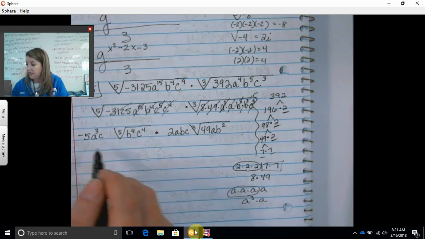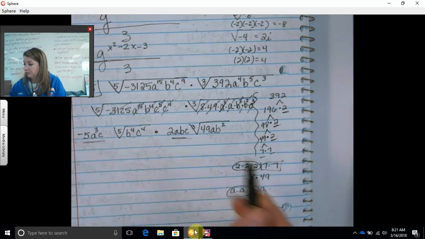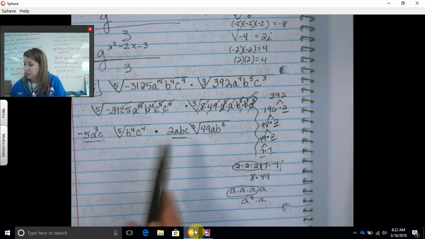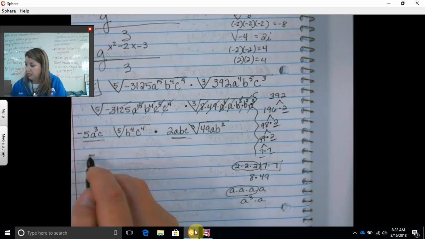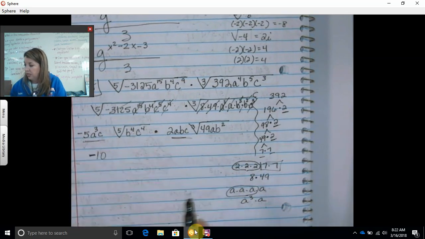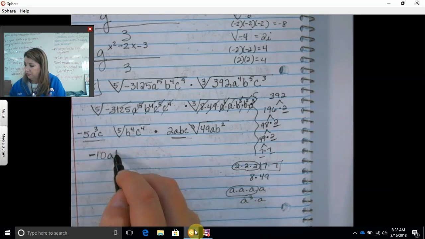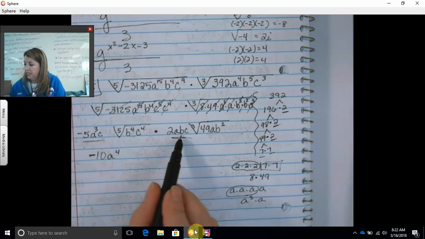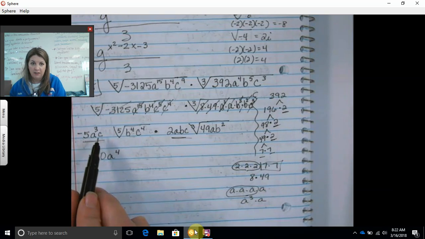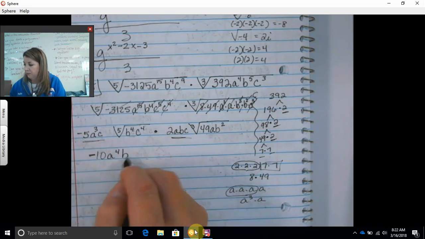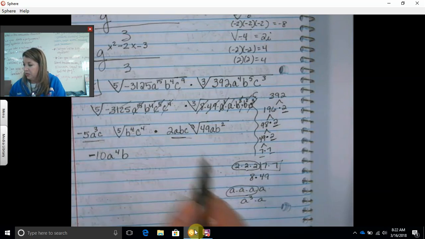So I'll multiply these together. Negative 5 times 2 is negative 10. I've got a cubed times a, which is a to the 4th. I've got a b over here and not a b here, and I'm writing it alphabetically, so just a b. And what is c times c? C squared.